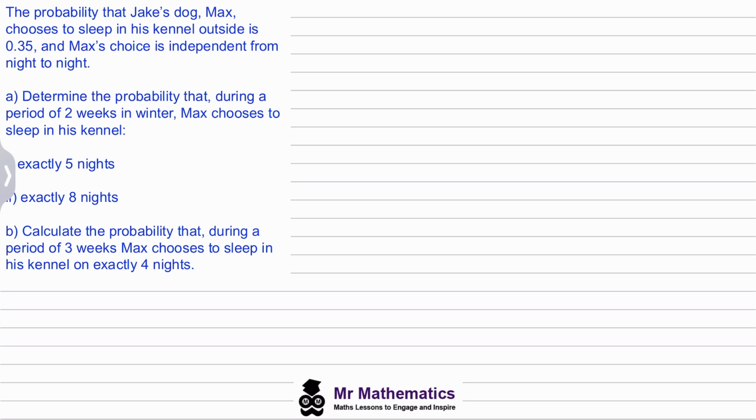Okay, so if we define our random variable, we'll say that y is distributed binomially. For part A, we've been given 2 weeks, so this will be 14 nights, and a probability of 0.35. So we want the probability that y is equal to 5.